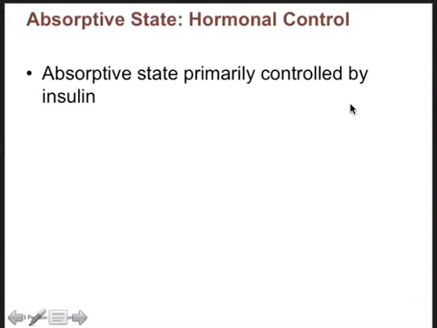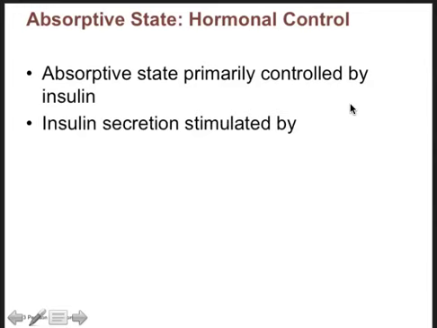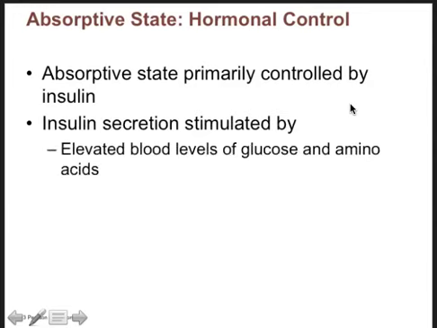The absorptive state is primarily controlled by insulin, which is secreted when we have high levels of blood glucose, a signal to the metabolically active tissue to take the glucose out of the blood and use it for energy. So elevated glucose levels signal insulin secretion.